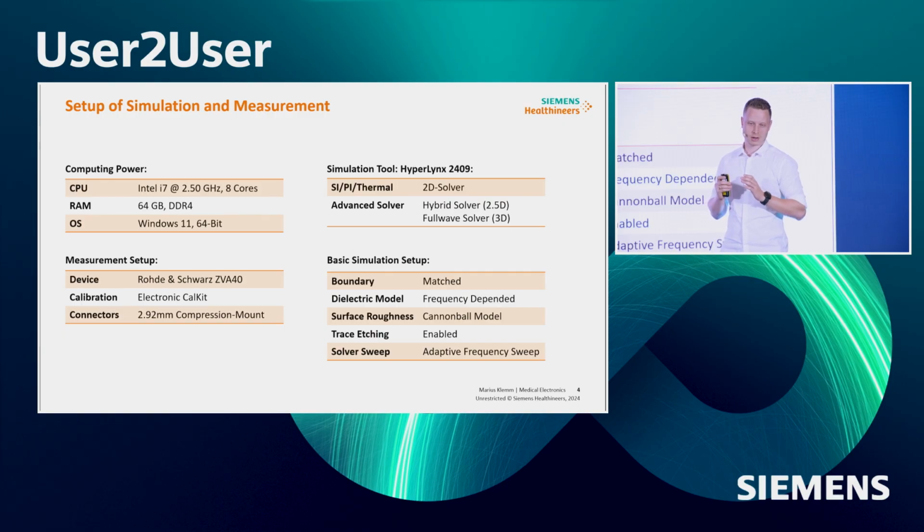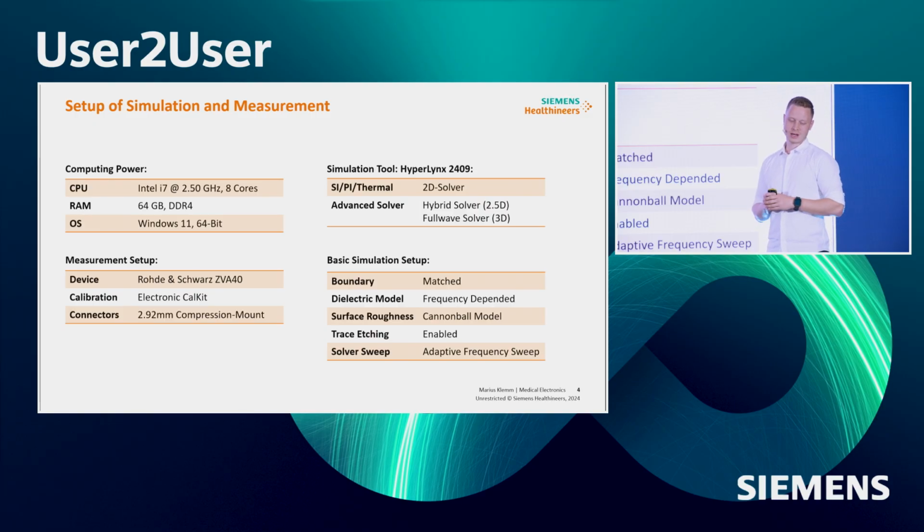It wasn't ready up to now. We are still getting very good support from Siemens EDA and hoping to get this built up. But up to the state where I made this presentation, we weren't ready yet, and so I used my own workhorse laptop.